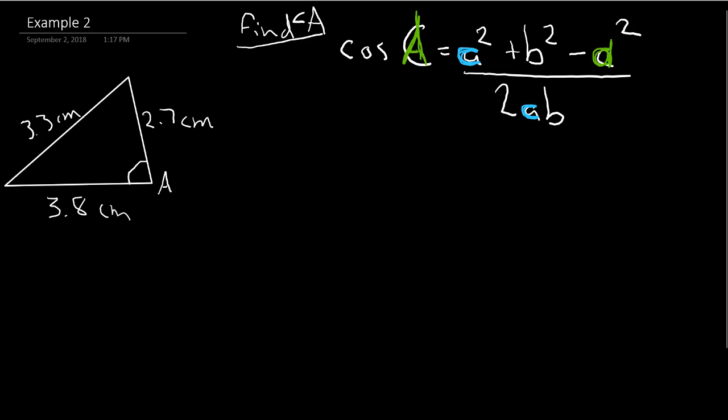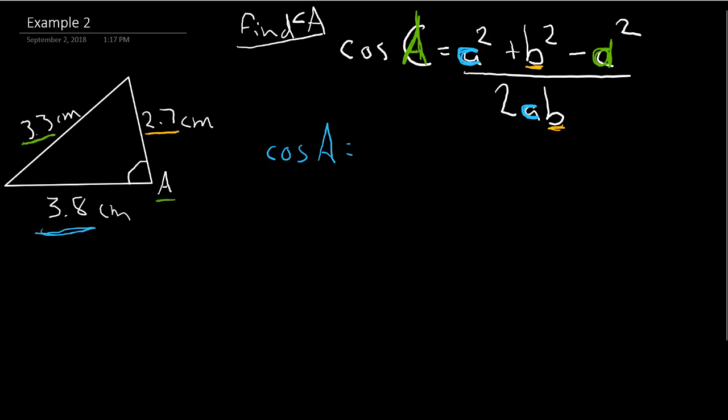Okay. So since side length C is going to be in blue, we'll say that this is C, and A is going to be in green, so this is A, and this is A. And we'll say B is going to be yellow. So B is in yellow. So I'll underline B here so we know where those numbers are going. Because we don't know our left side yet, we're just going to write cos of A equals, well, this is C squared, and I actually underlined it in blue.